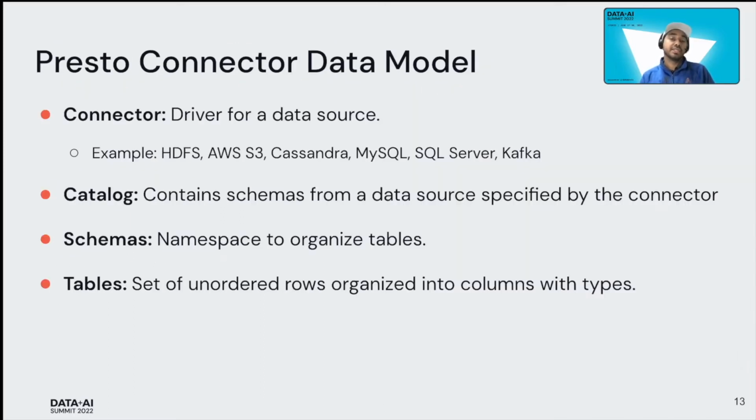And for every connector you create, you have to have a catalog explaining to the system how to interact with it, and a schema for how the data should be organized once it is brought in. So a few concepts here. You have a connector which allows you to connect to different data sources into Presto. The catalog contains the schemas and the different data sources.